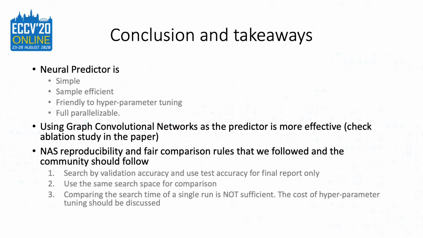First, search by validation accuracy and use test accuracy for the final report only. Second, use the same search space for comparison. And finally, comparing the search time of a single run is not sufficient. The cost of tuning hyperparameters should be discussed.